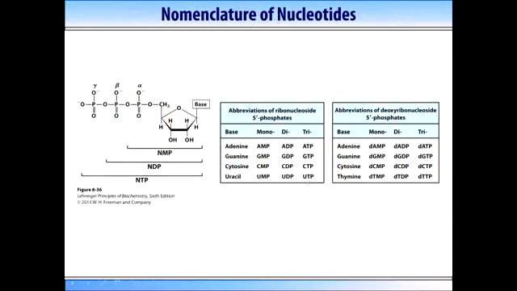And here's another way to summarize the nomenclature of the nucleotides. A monophosphate is the nucleobase plus sugar plus one phosphate. You can have diphosphate or triphosphate, and all of them are present in the cytoplasm of living cells, not necessarily equally, and they all actively participate in the metabolism.